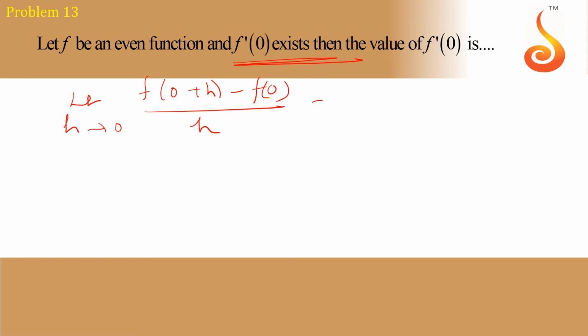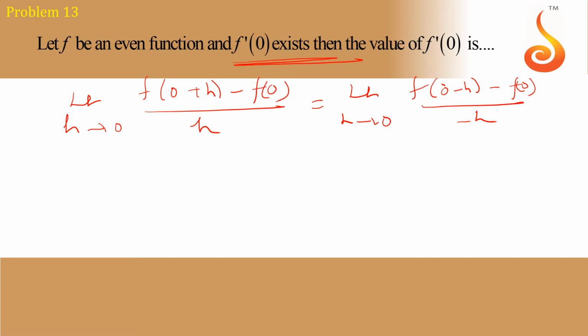Right hand derivative is equal to limit h tends to 0 f of 0 minus h minus f of 0 by minus h. So these two must be equal whenever f dash 0 exists.